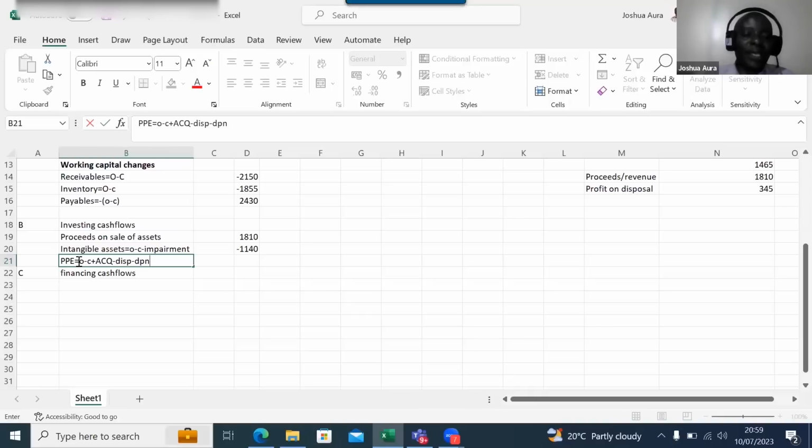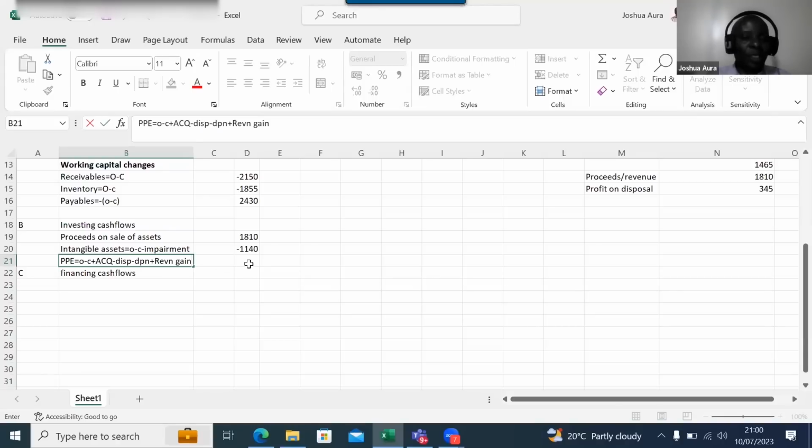If it's a revaluation gain, you add. So remember, for PPE, take opening minus closing, and then look at your movements now in the PPE. Acquisitions must increase, disposals down, any depreciation reduction. If we have a revaluation gain, you add.